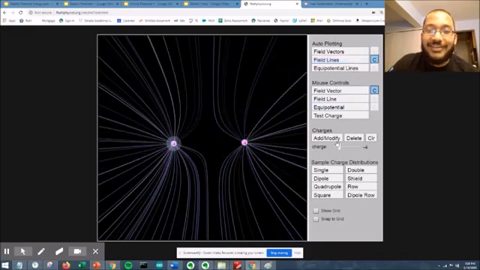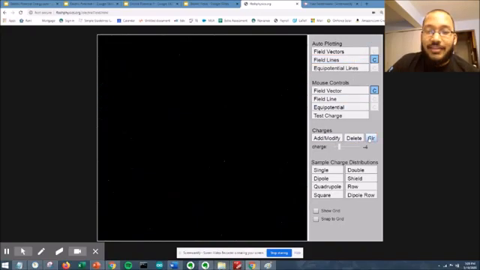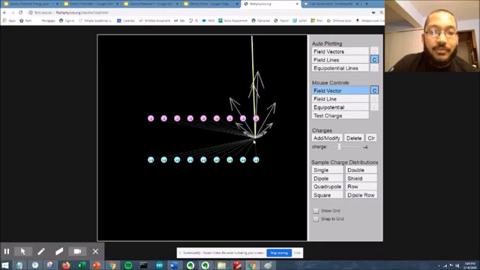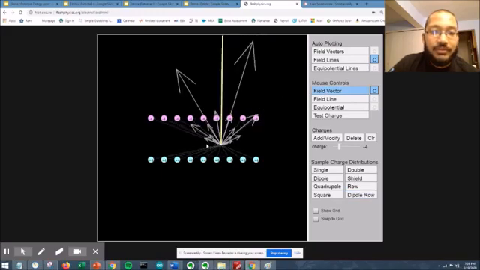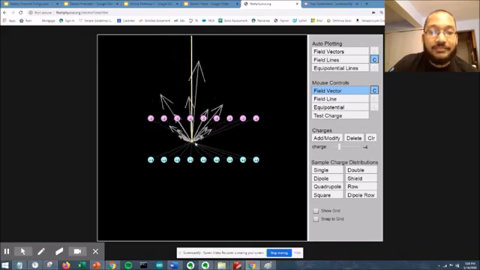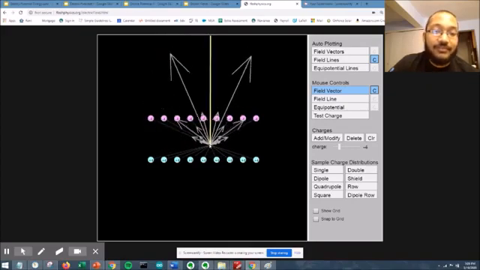Very static. Okay, that was that. And then the last one is a row of positives and a row of negatives. Where do you think the field vector points? Over here, here, and here. Take a minute. It points straight up throughout. Basically, all the horizontal components cancel out.